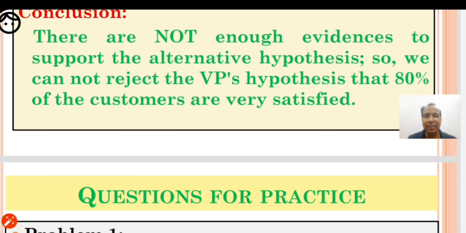We will not say that we accept the null hypothesis. We will write like, there are not enough evidences to reject the null hypothesis or to support the alternative hypothesis. That is how a conclusion will be drawn.